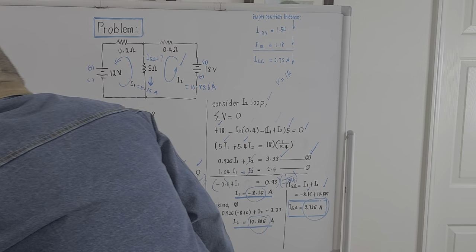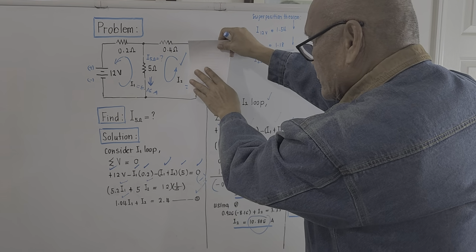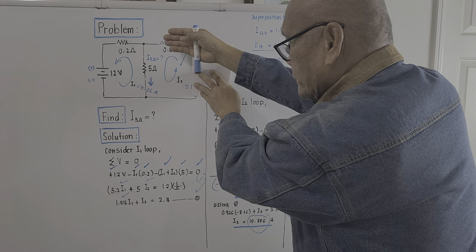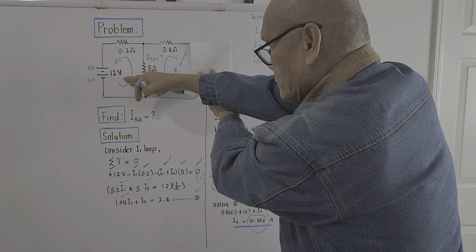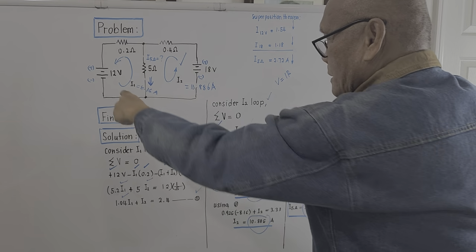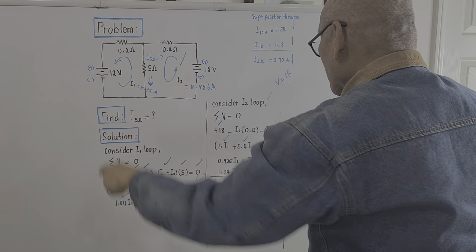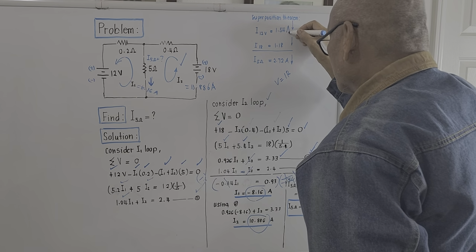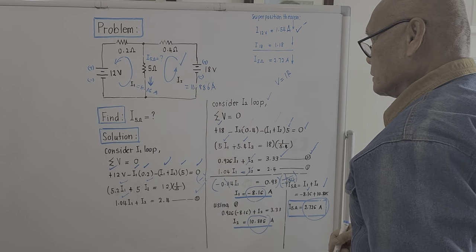Okay, by using superposition, I will short circuit voltage source number 2. Then I will compute the current passing through the 5 ohm load due to the 12 volt. My computation comes out that the current from the 12 volt source is 1.54 amperes. It is downward.